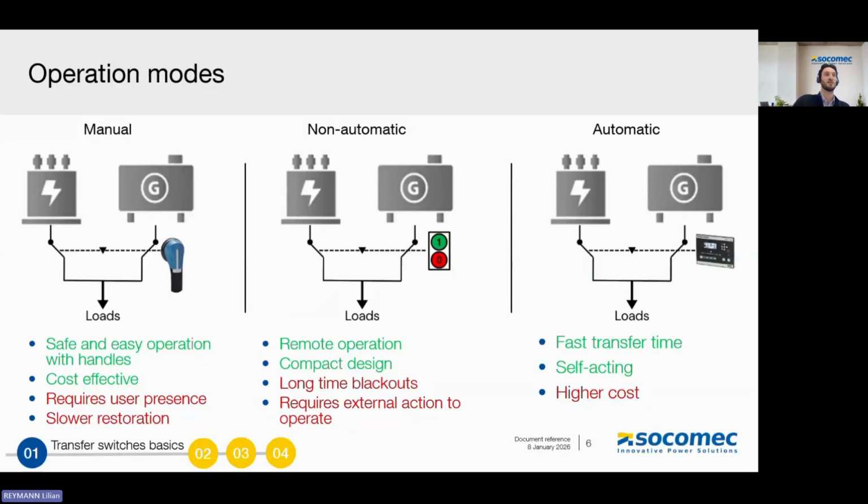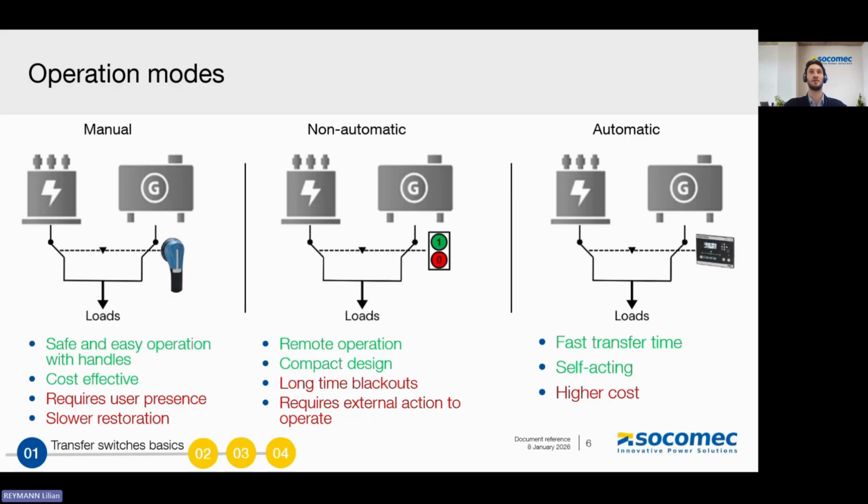It operates with handles for safe and easy operation. It's cost effective by its design because it's simple, and it usually has a small footprint depending on the amp size. But the disadvantages are that it requires user presence to operate the handles and has a slower restoration because it is not automatic at all.